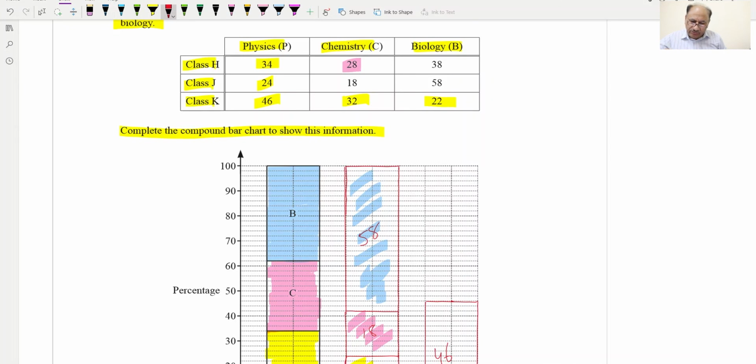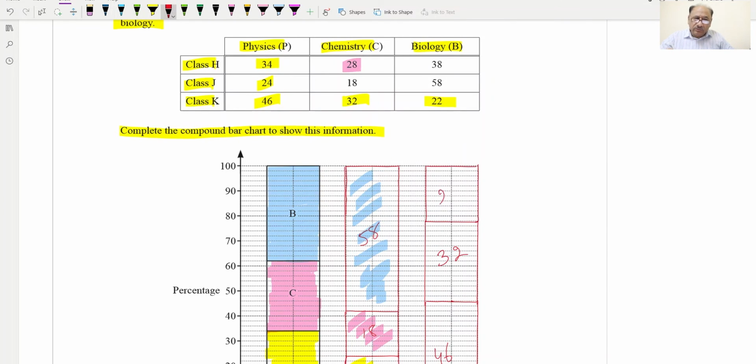So 78 will be up to this mark. We can take 78 up to this one, and this will be 32, and the remaining one is 22. So we can draw up to 100, and this will be 22.